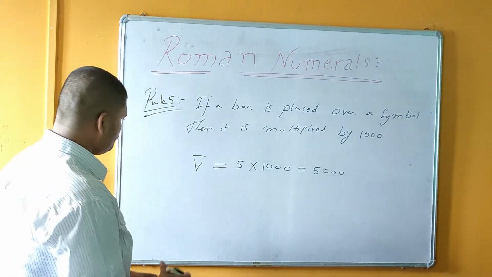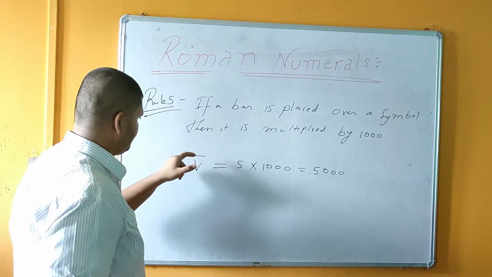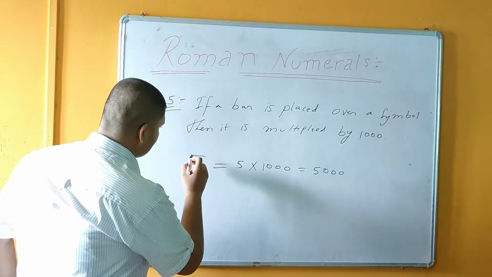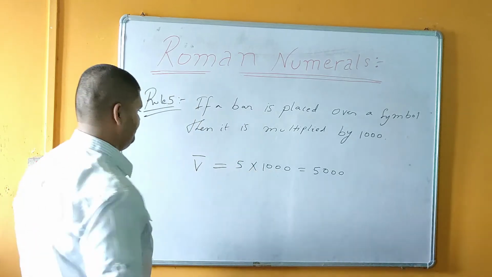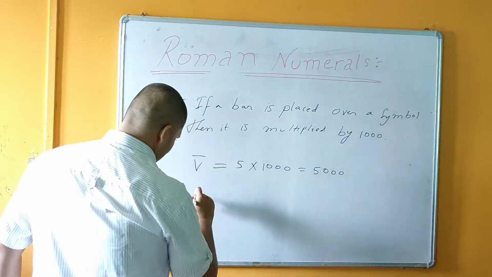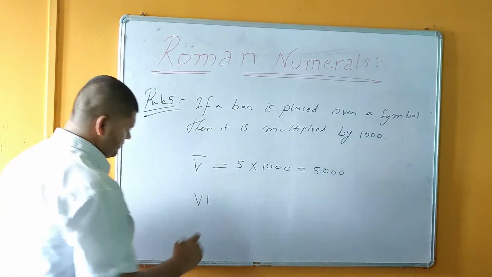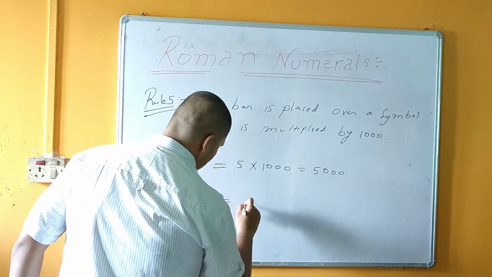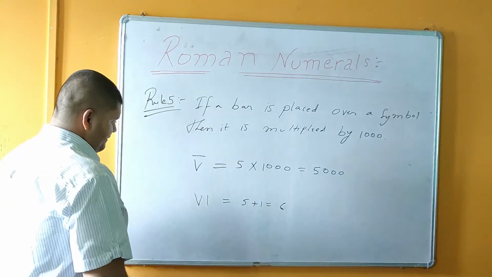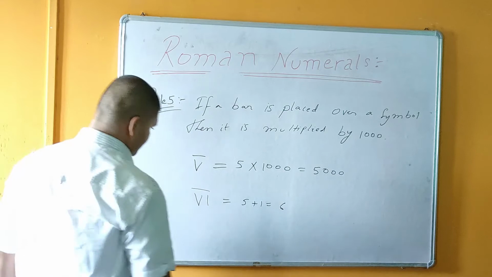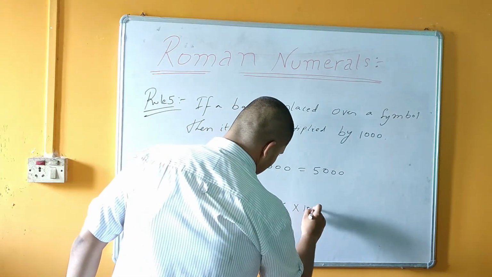Alright? This symbol, when we are putting a bar over it, this bar is representing that this symbol will be multiplied by 1000. Similarly, if I take this VI, first of all VI means 5 plus 1, it is 6. If I put a bar over it, this means we have to multiply this 6 by 1000.